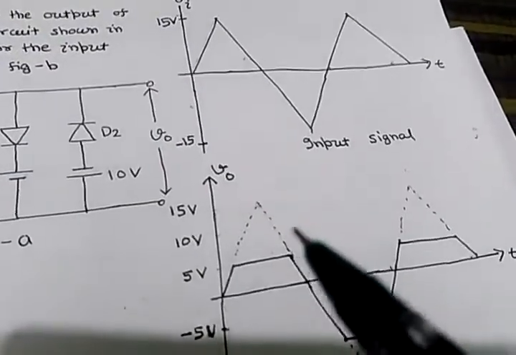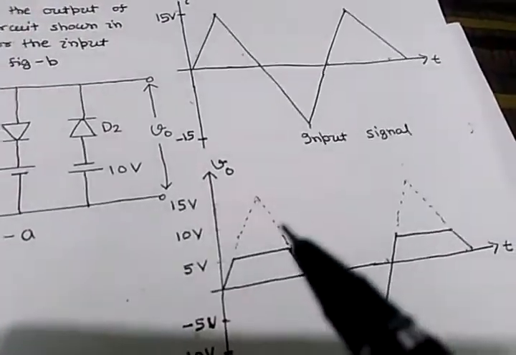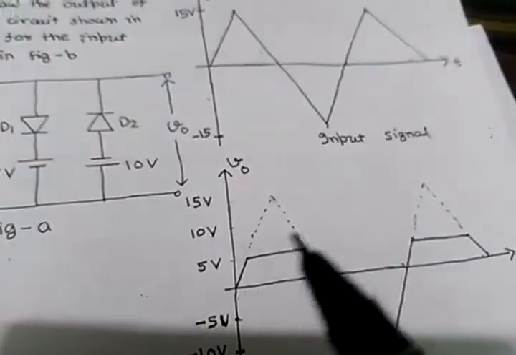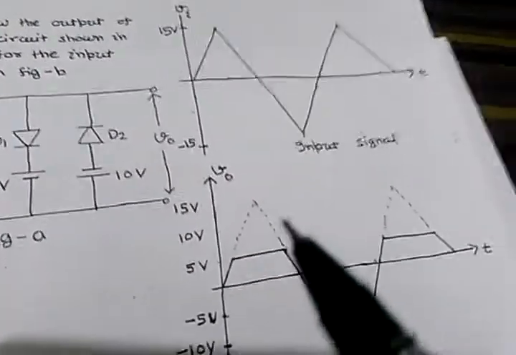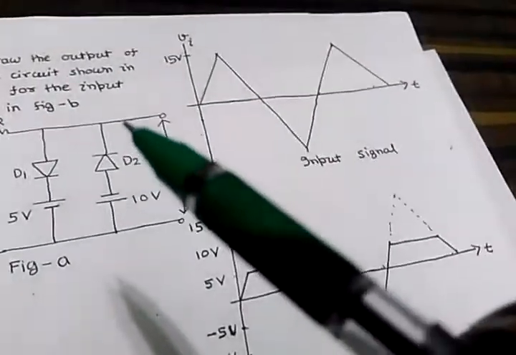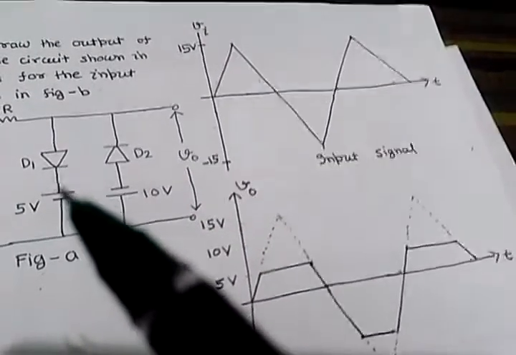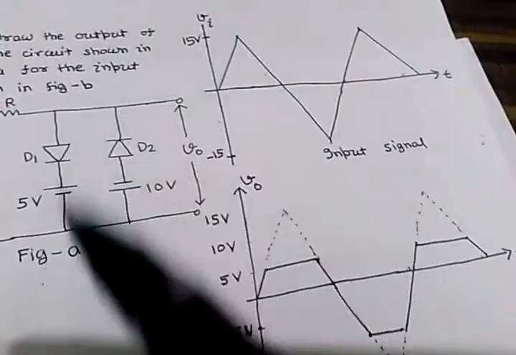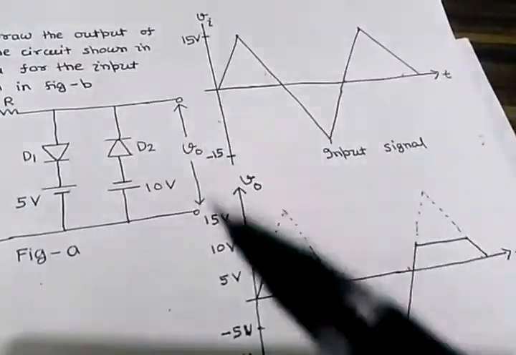When the input is shown here by the dotted line, when the input is greater than 5 volt, we will get a fixed 5 volt at the output. The output will not increase beyond 5 volt because this battery will appear in parallel with the output.